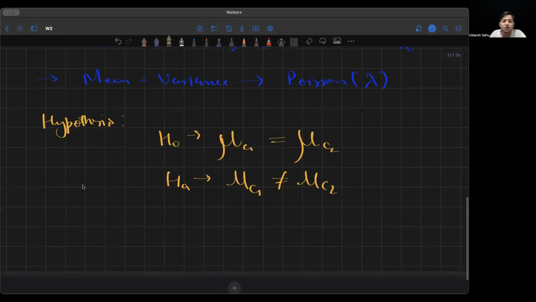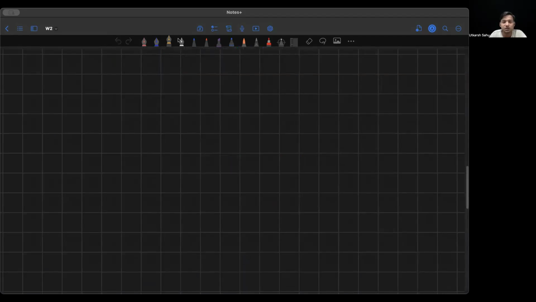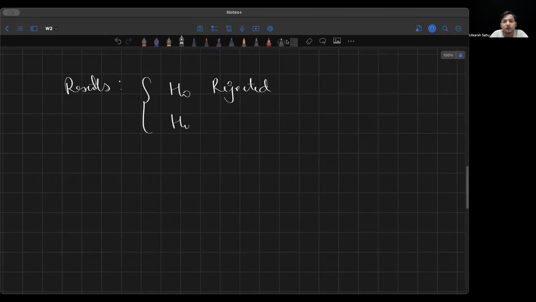One thing I wanted to highlight is that whenever you do hypothesis testing, always remember you can only have two types of results: H naught rejected, or fail to reject the null hypothesis.